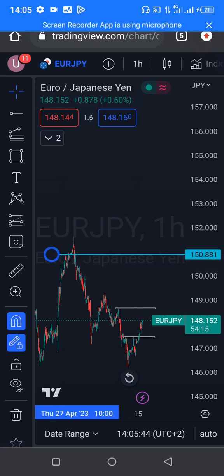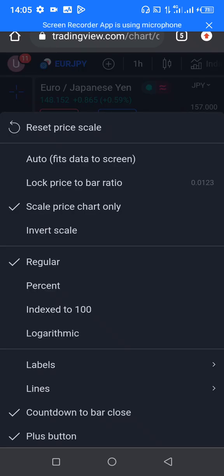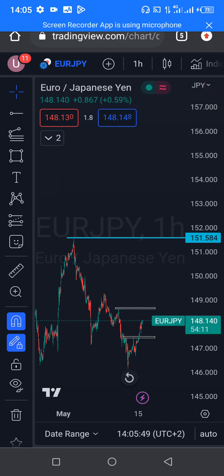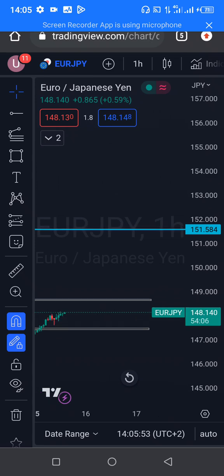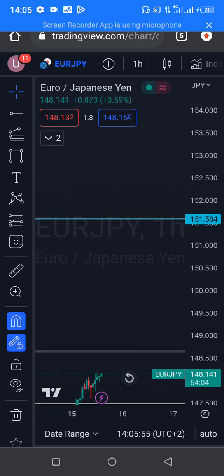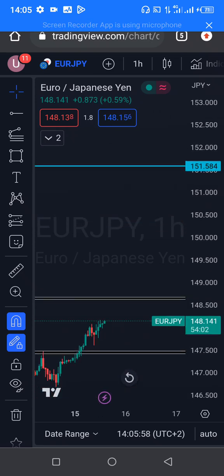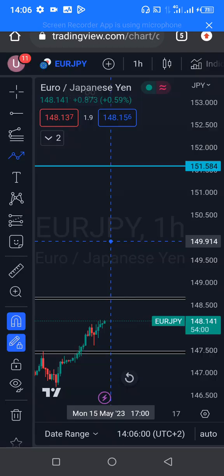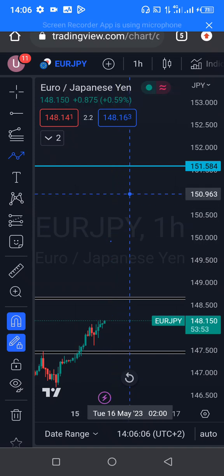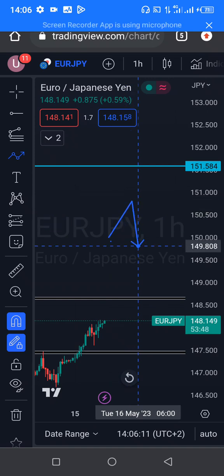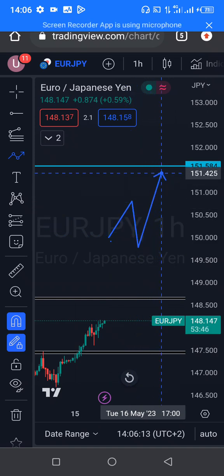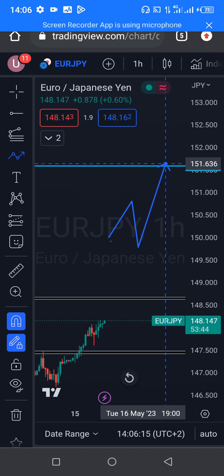So let me draw my path, how I'm going to expect this, and then I'll fix it.